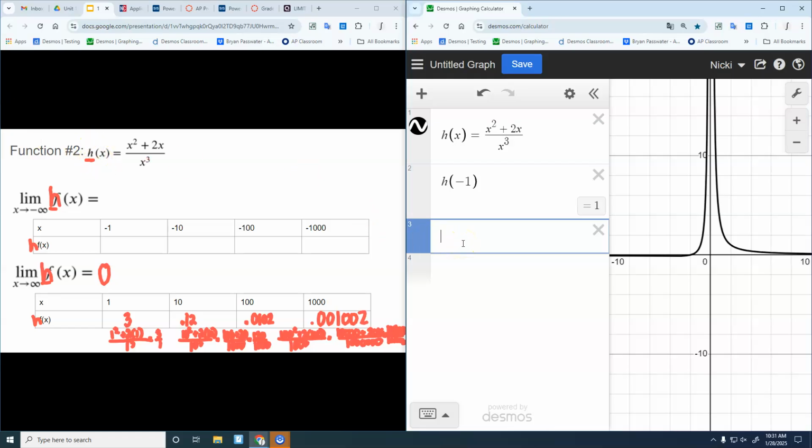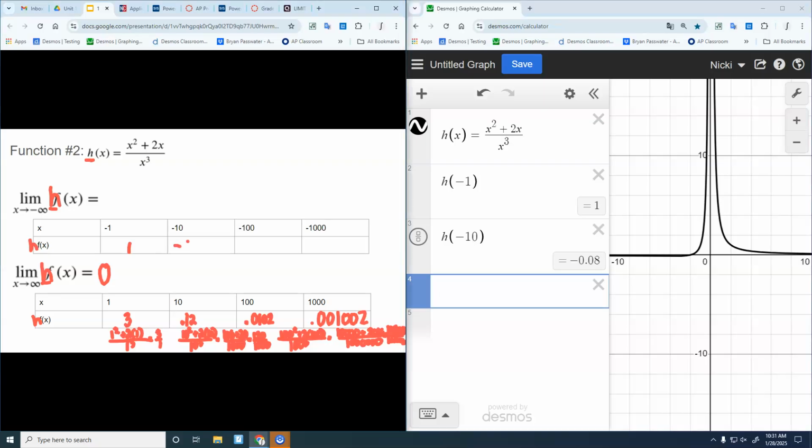All right. So H of negative 1 gives me 1. H of negative 10 gives me negative 0.08. H of negative 100 gives me negative 0.0098.